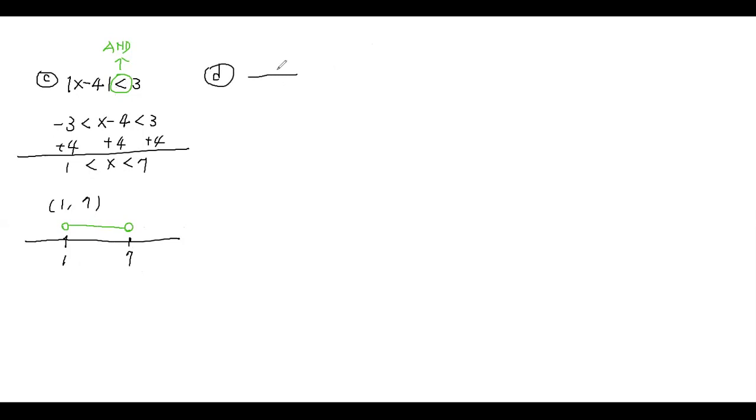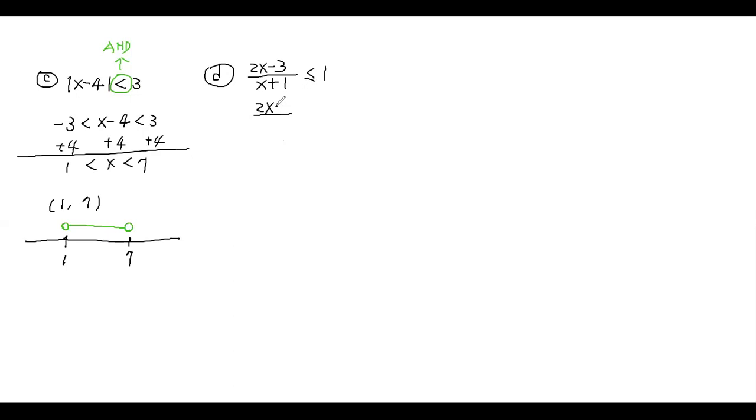Okay, now let's take a look at part D. Part D: (2x minus 3)/(x plus 1) less than or equal to 1. When we do a fraction inequality, we have to move everything over and combine into one fraction.